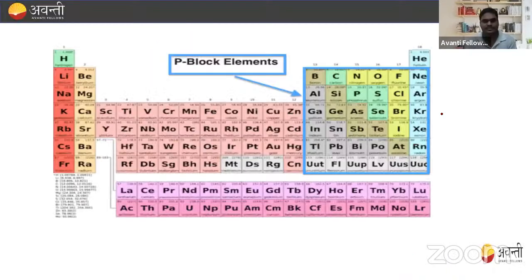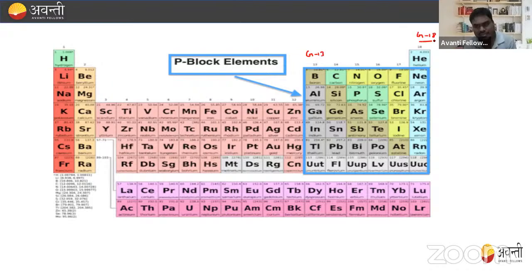Before starting the chapter, I want to discuss the position of the P block elements in the periodic table. This is the periodic table, as we can see in our first slide. We have the P block elements from group 13 to group 18.